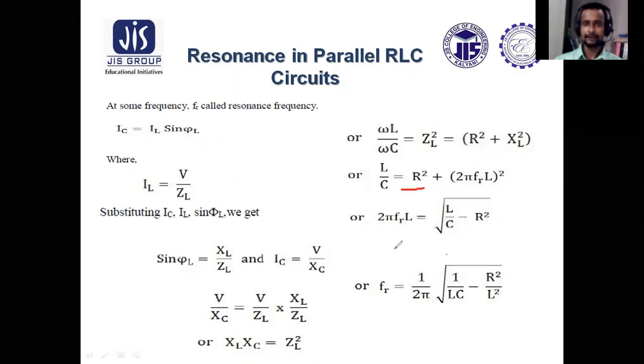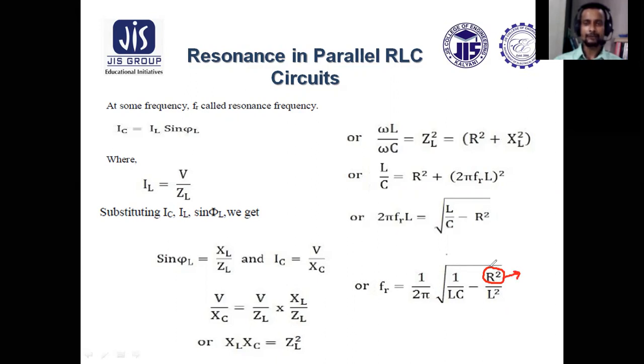Now by simplifying this, we'll get this equation. From this, we'll get this one. So here, this is the resonant frequency equation for a parallel resonating circuit, in which you could see this R is the resistance of the coil, which is at the very beginning. I already told you this resistance of a coil is generally very small. That is why this part can be neglected.